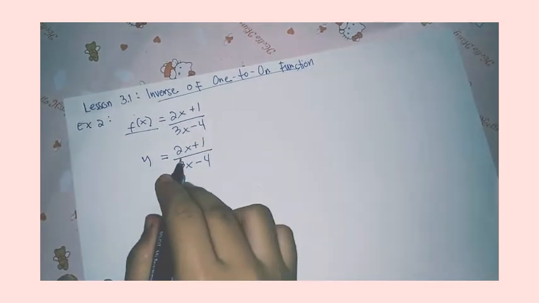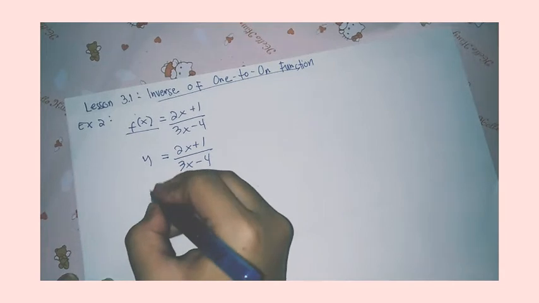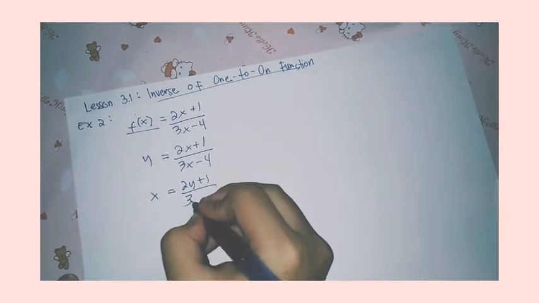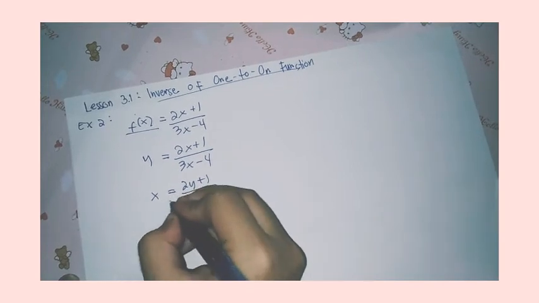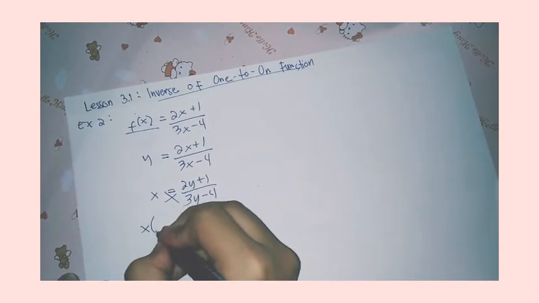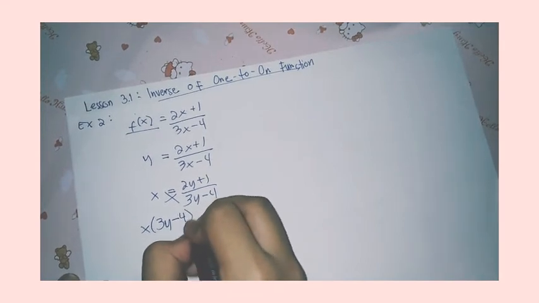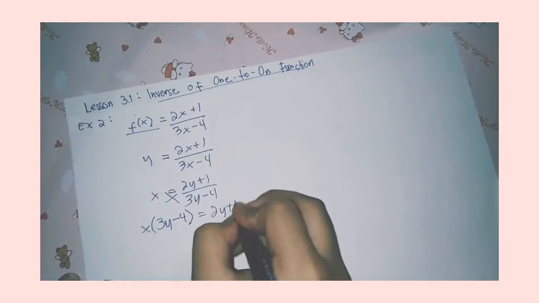Then change the variables. It becomes x is equal to 2y plus 1 over 3y minus 4. Cross multiply. x times (3y minus 4) is equal to 2y plus 1.